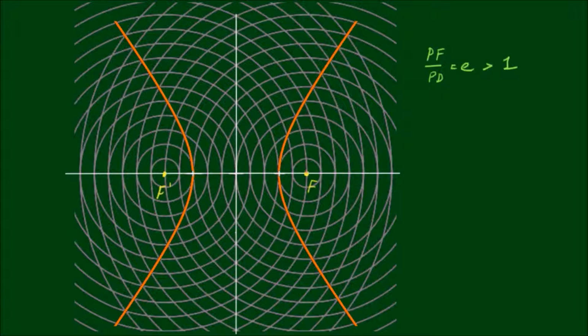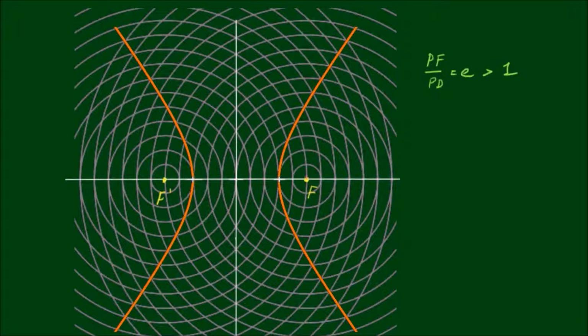The reason why I've overlaid this hyperbola over the two sets of concentric circles is to demonstrate that there are two geometric properties that we can take from this which will help us determine the standard equation for the hyperbola. For the first geometric property, let's consider the point P on one of the branches of the hyperbola, and for convenience I've chosen the point P to be at the intersection between two circles.